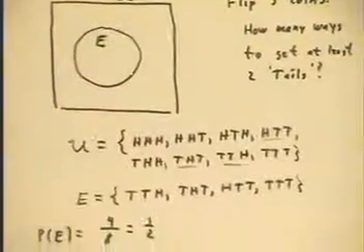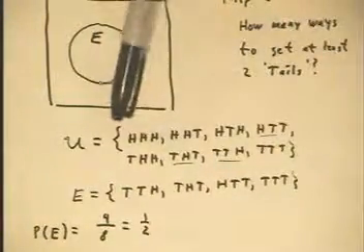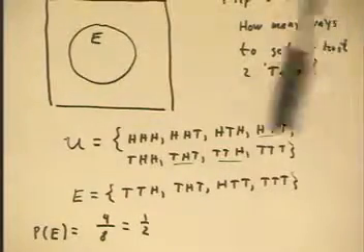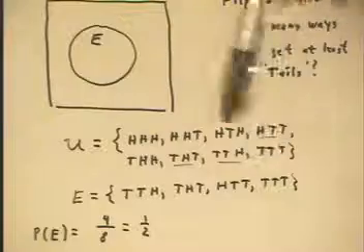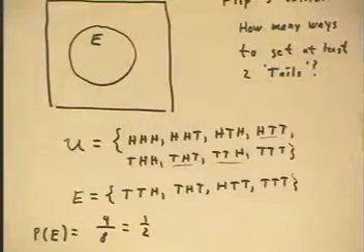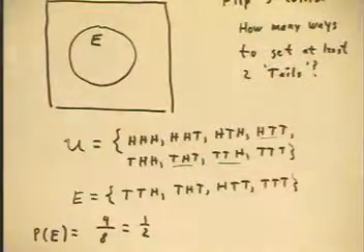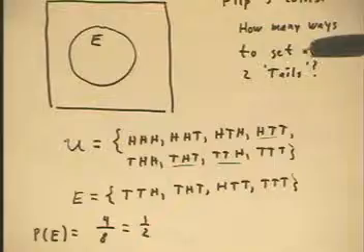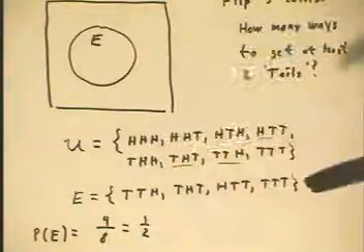The universal set is a set of all outcomes that you can get in flipping 3 coins, and you should be familiar with that from previous chapters. Just listing heads, heads, heads, down through tails, tails, tails, all 8 possible results of flipping 3 coins. The event that we're looking at is getting at least 2 tails. We can actually see that event within the universal set.